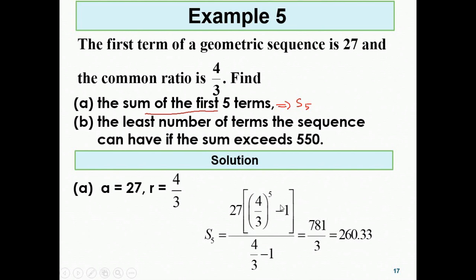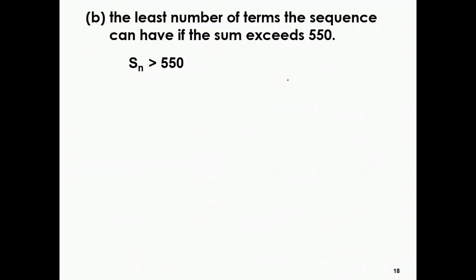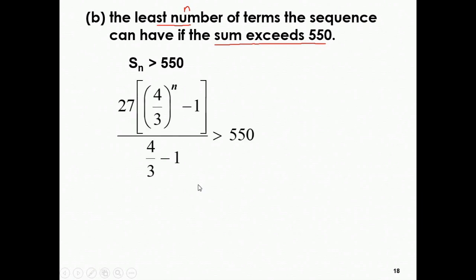Now, solve question B. So the least number of terms n is when the sum exceeds 550. Sn is greater than 550. So substitute the values of a and r into the formula and it is greater than 550. Simplify this expression.